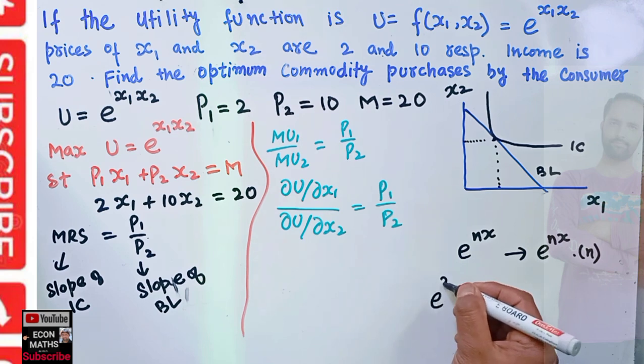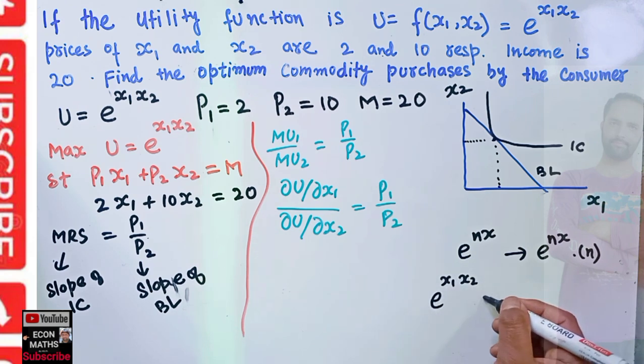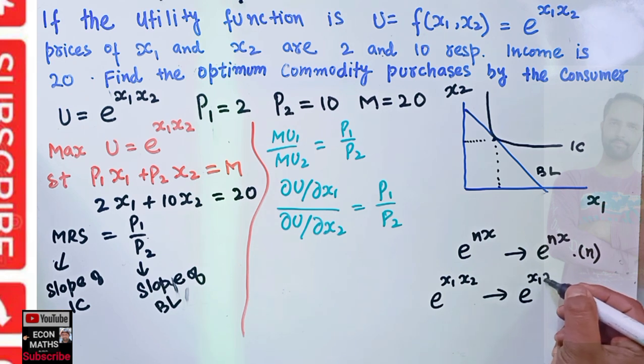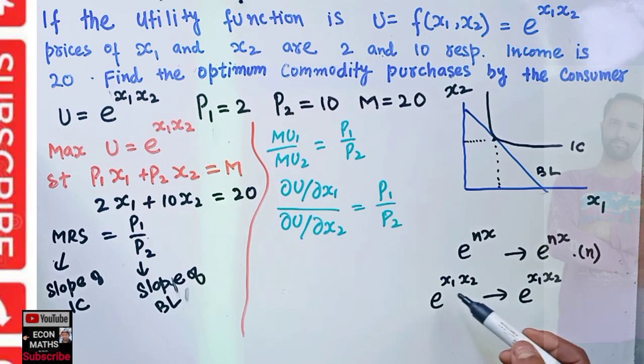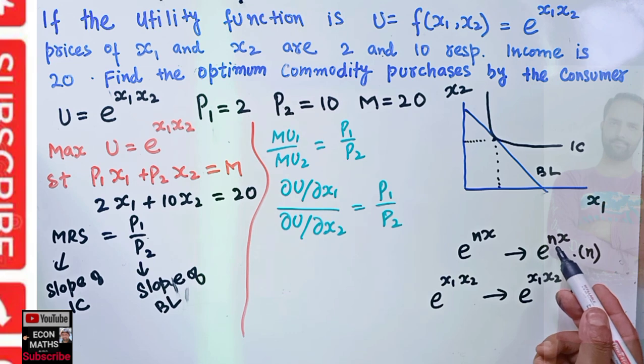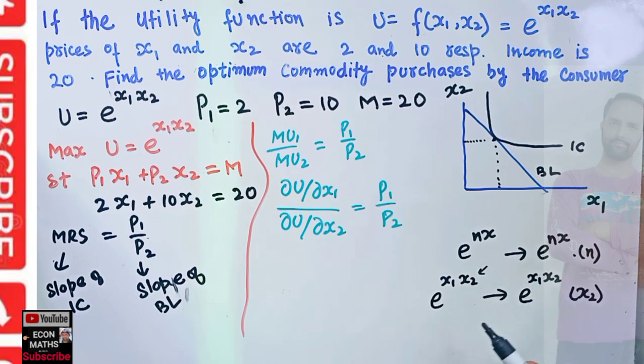If we take the partial derivative with respect to x1, we simply have e to the power x1 x2, to which we multiply the derivative of the exponent. The derivative of x1 is 1, so we are left with x2 only. Here in place of n we have x2, and n is a constant because we are taking the partial derivative with respect to x1.